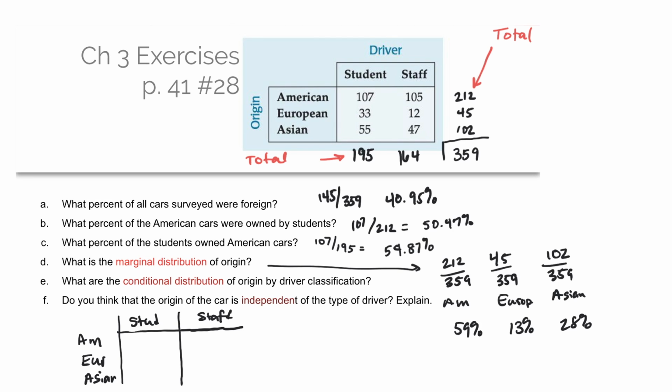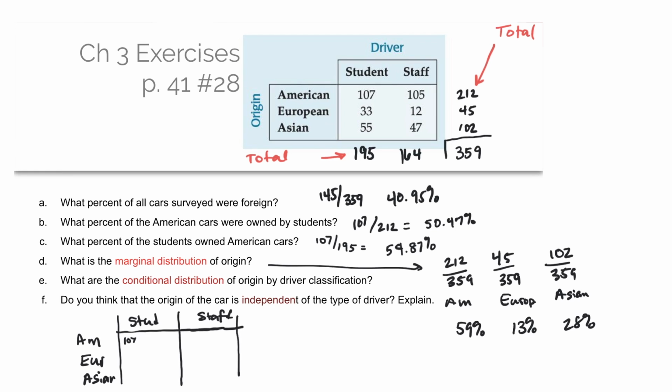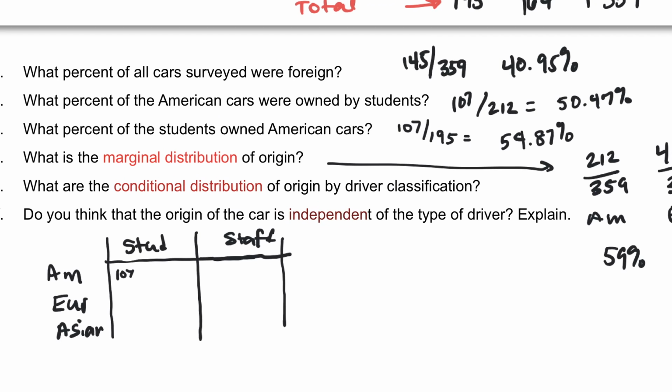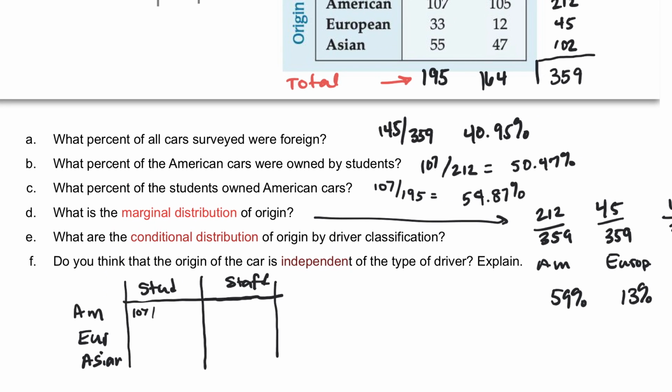And so in this example, we're using the totals for students, right? And so students would have 107 out of 195. So for American students, you're going to have 107 out of 195.